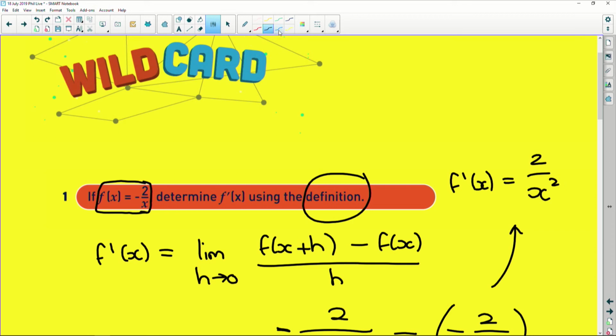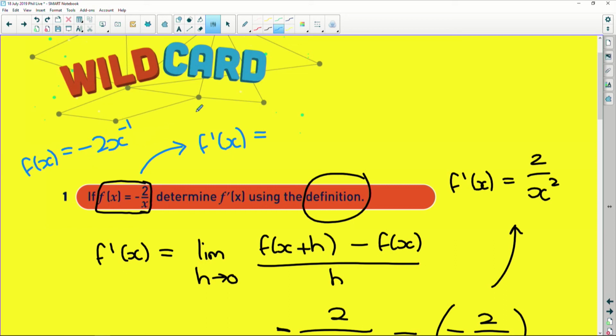You can check it by simply applying your differentiation rules. If we do that, remember, f prime of x is equal to, if we write this out in its generic form, f of x is equal to negative 2 multiplied by x to the power of negative 1. Because remember, if we take x into the numerator, it's got an exponent of negative 1.